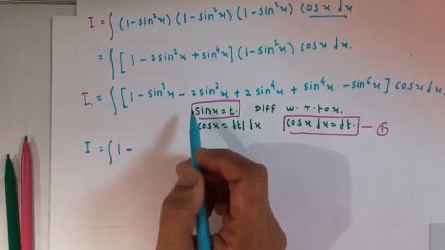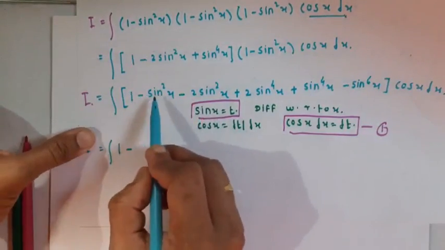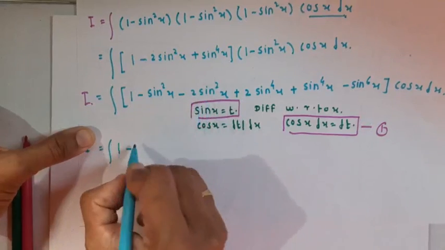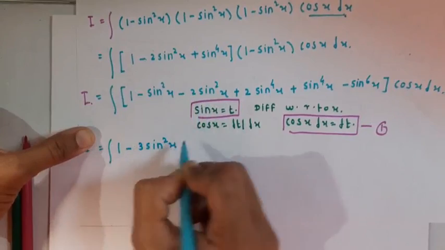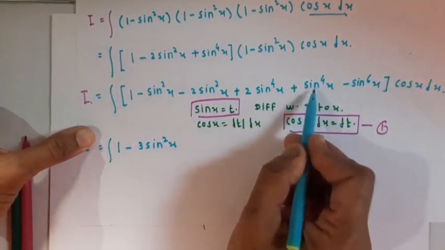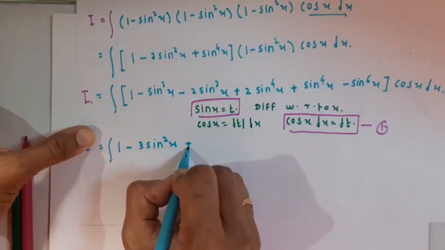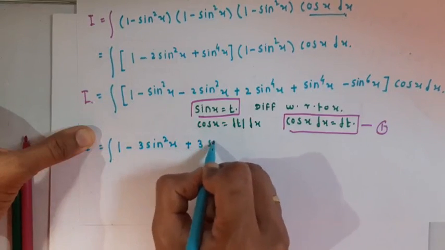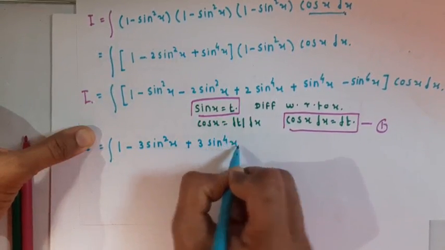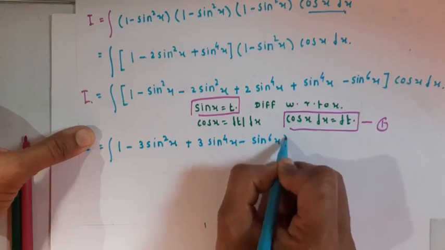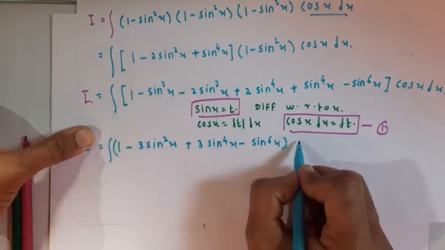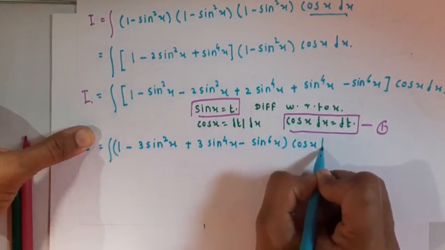First simplify the terms, students. 1 minus sin square minus 2 sin square is 3 sin square x. Then 2 sin raised to 4 plus sin raised to 4, that is plus 3 sin raised to 4x, and minus sin raised to 6x, into cos x dx.